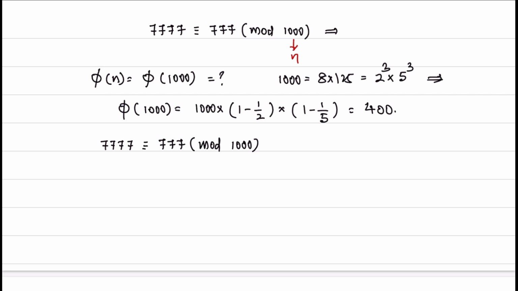Now by applying Euler's theorem, n is equal to 1000, then 777 to the power of phi of 1000 is equal to 1 modulo 1000.